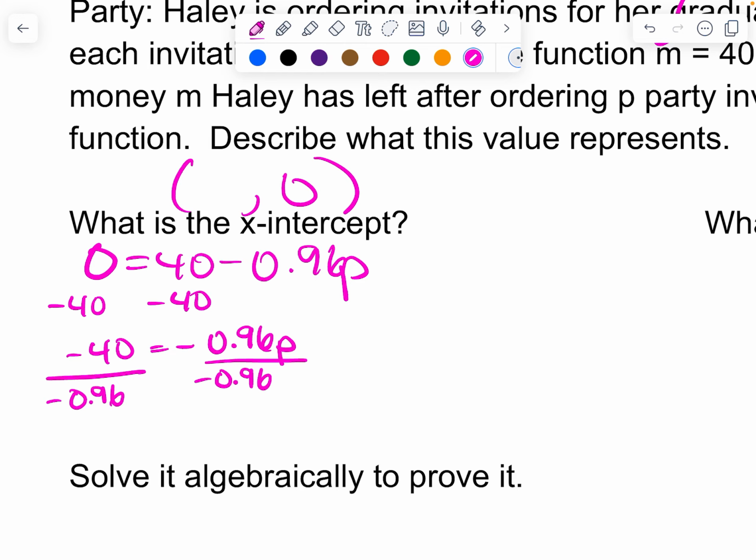So 40 divided by 0.96. Try that again. 40 divided by 0.96. Well, okay.